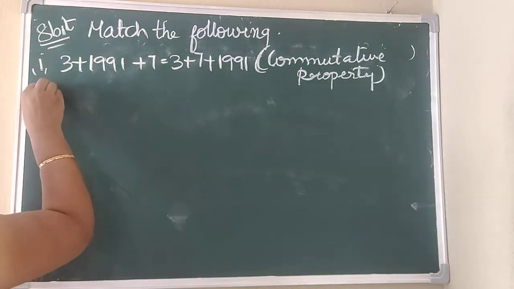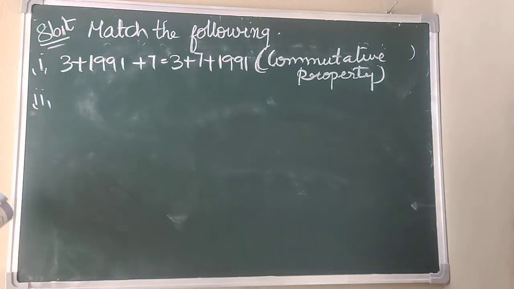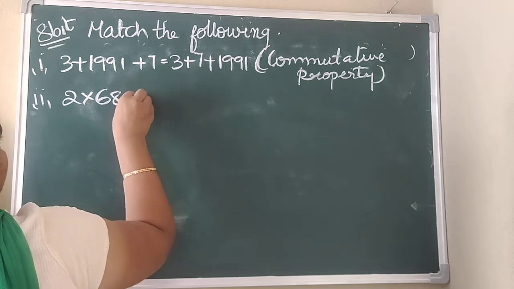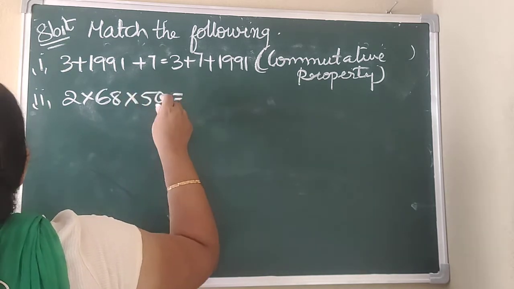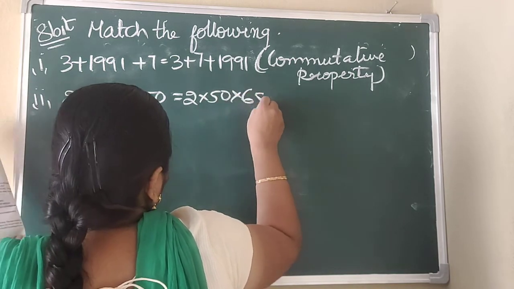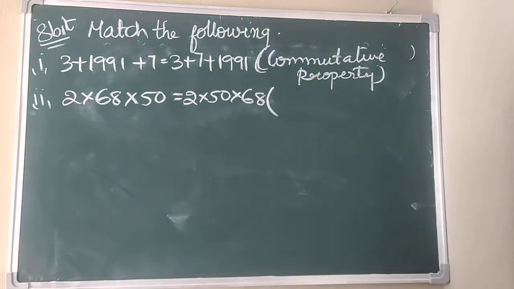The second one is 2 into 68 into 50 is equal to 2 into 50 into 68. Again here also only the numbers have shuffled.